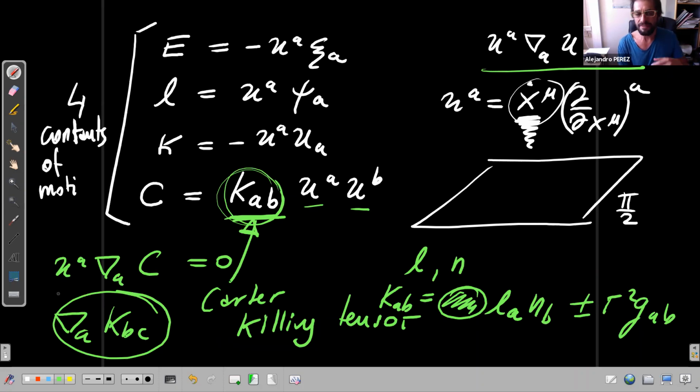That's all. But if you want to talk about redshift, about frequency, or about local properties of geodesics, if you want to use particles following geodesics to test the geometry, then you don't need to integrate the geodesics. You need to know what happens at this space-time point.